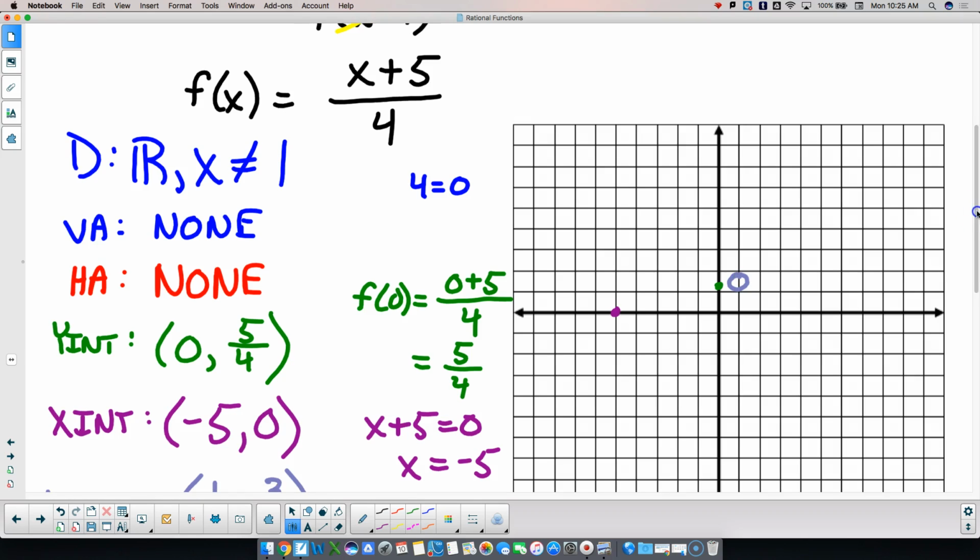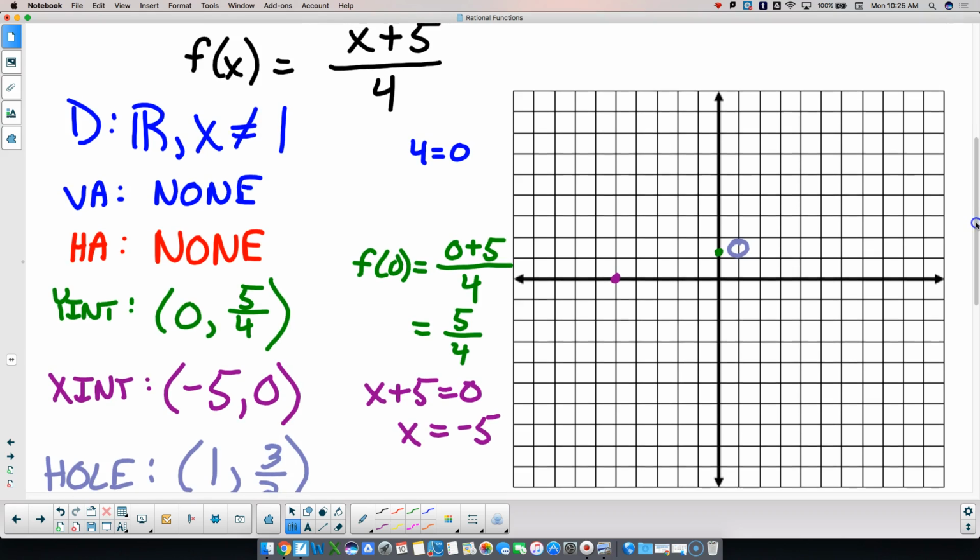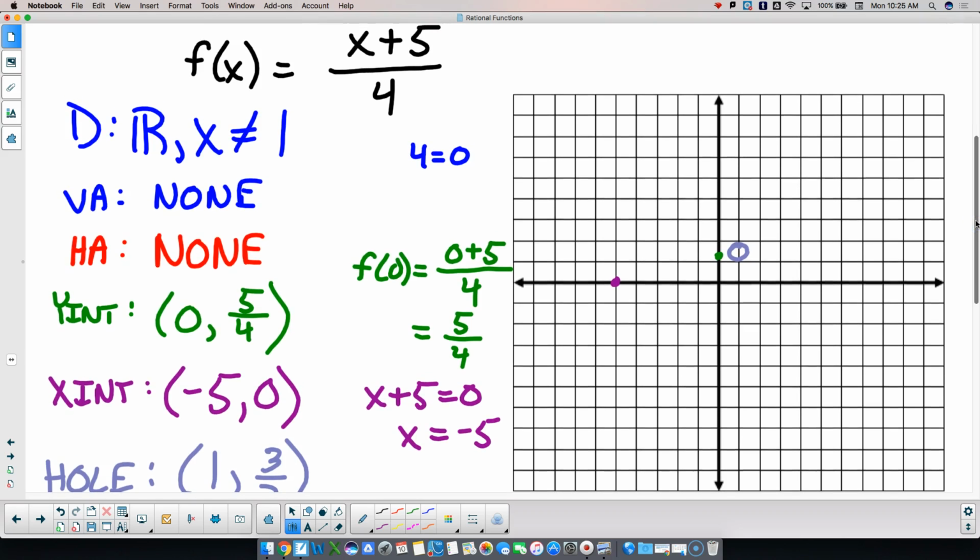Now what? T-chart, right? Do I need a T-chart in this one? What kind of a function is this? It's linear. It's a line.